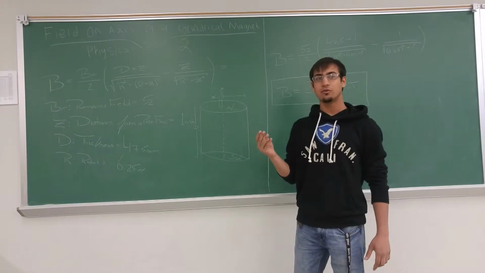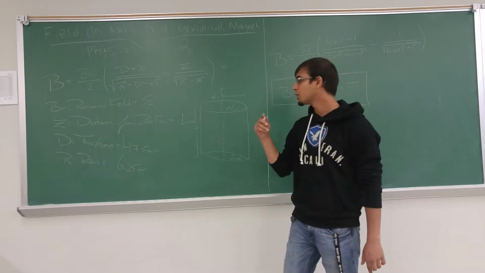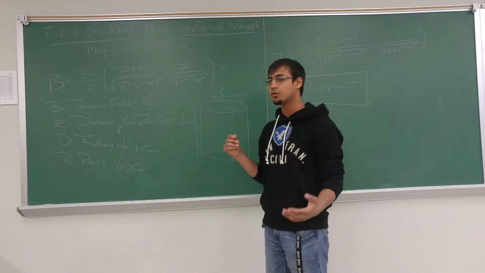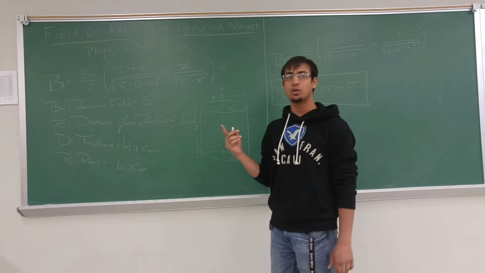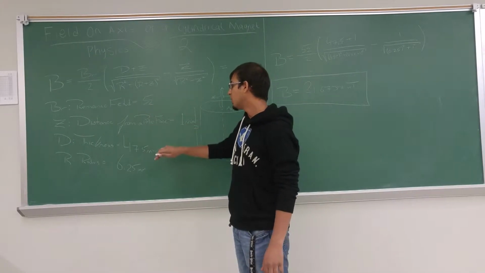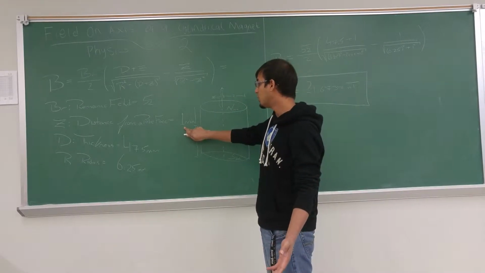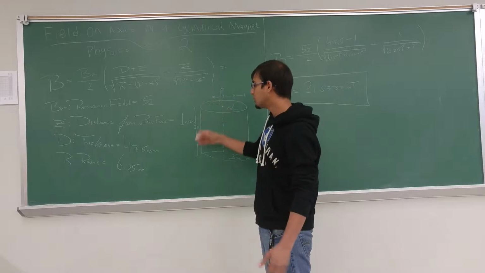Now to find our magnetic field on the axis of the cylinder, we're just going to plug in the numbers. The type of magnet we used was a neodymium magnet with a remanence field of 52. The distance from the pole, we arbitrarily chose as 1 millimeter.